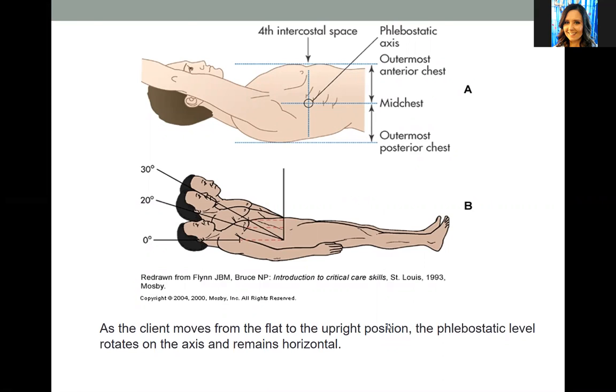So remember, it's the level of the atria in the chest. Also, if our client is repositioned, like the head of bed is increased or decreased, we have to zero the system and put it at the phlebostatic axis again. So standard of care is to zero at least once per shift and with any position changes.